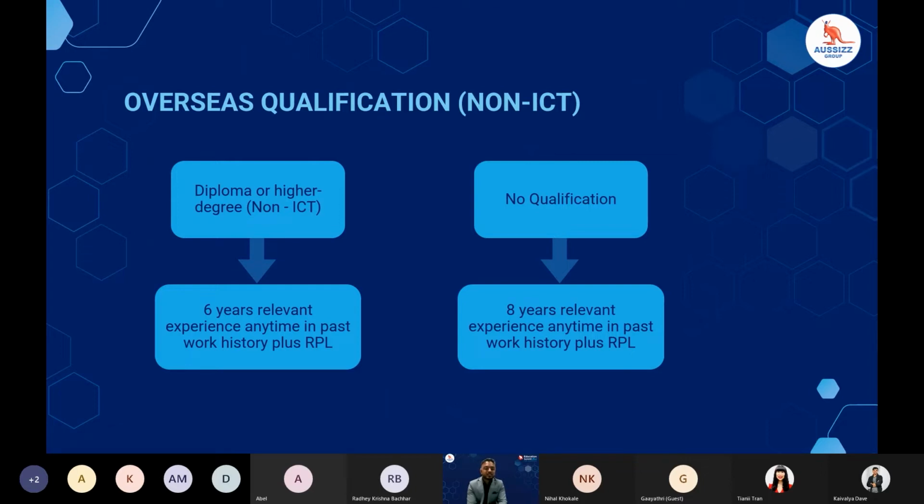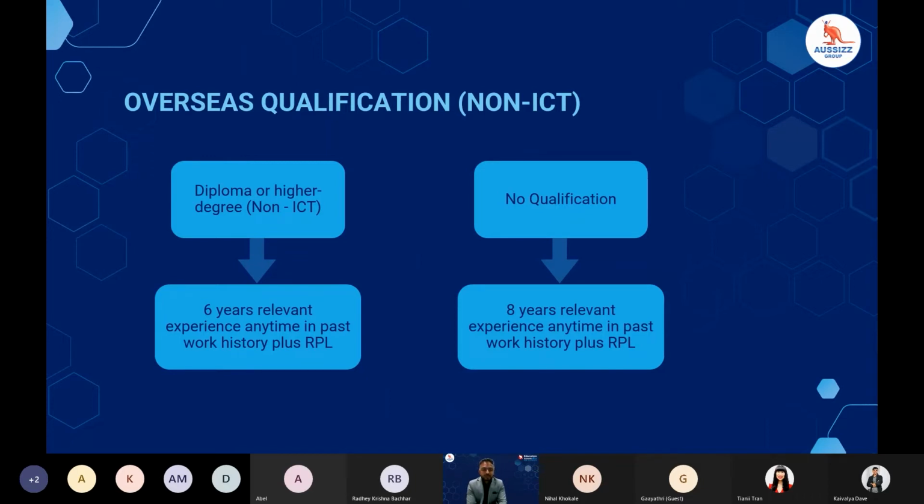Then you need 6 years of work experience in the past, and you also have to fill in an RPL form, RPL standing for recognition of prior learning. You have to include two projects. One project has to be within the last 3 years, and another one has to be within the last 5 years. So you cannot use any project which is more than 5 years old.